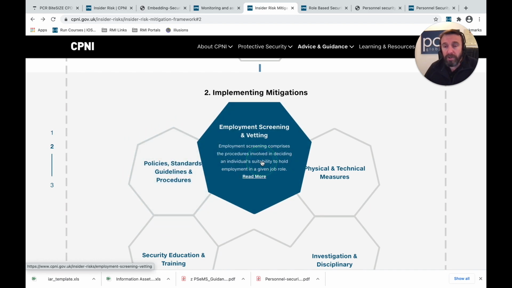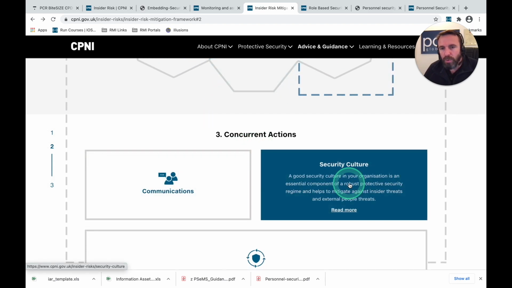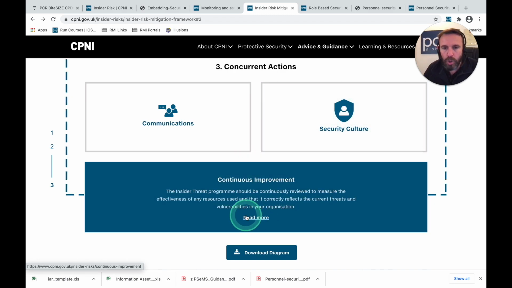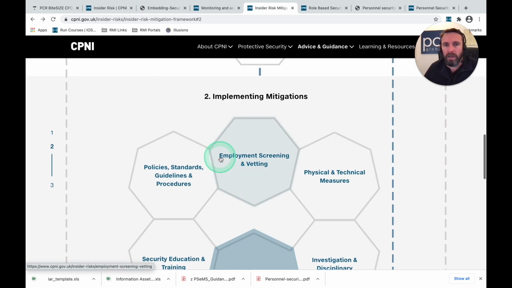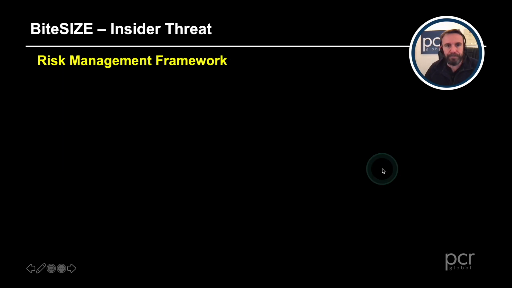Lots of policies and procedures. The ACES have a number as well, which is really good. And look at that then, employee screening and vetting, which we've been talking about. And also communications, security culture, very important. If we go into there, we can see a security culture climate tool as well. And of course, we have continual improvement. So really worth looking at that in the flesh, wasn't it?